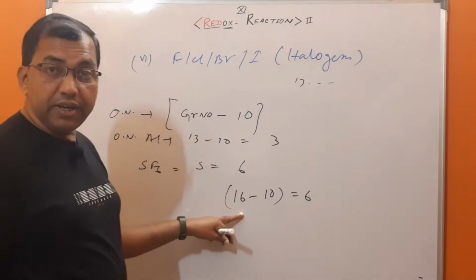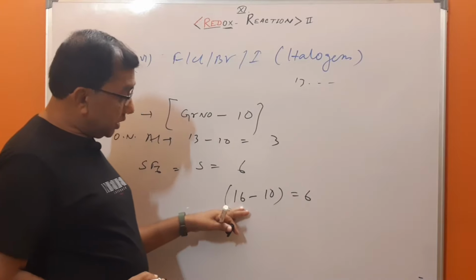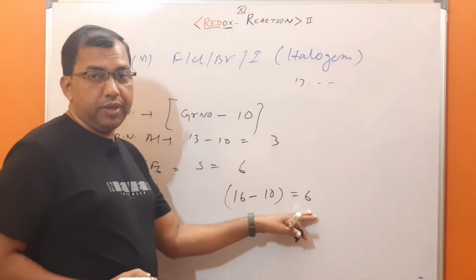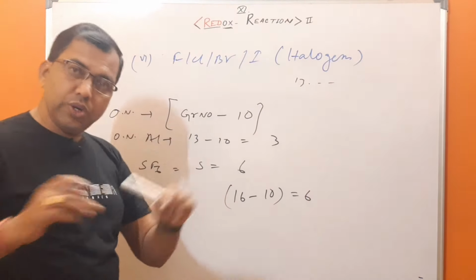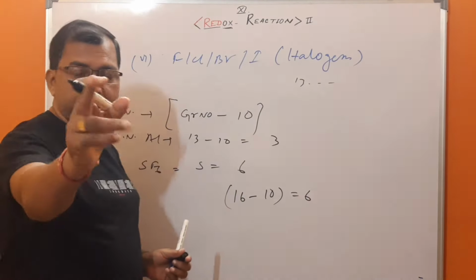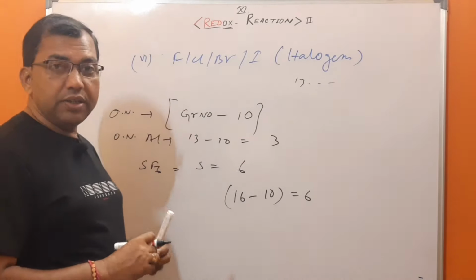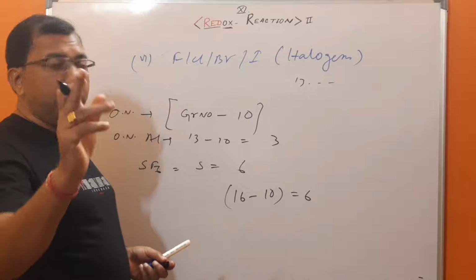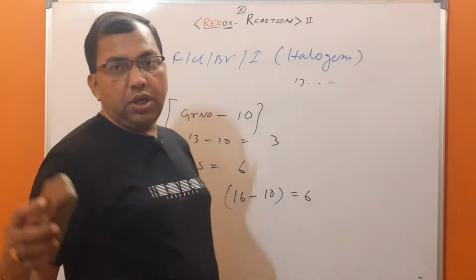Sulfur is in group 16. The highest oxidation number of sulfur is 16 minus 10 equals 6. The highest oxidation number must not exceed the group number; it may be equal or less. Remember it. Highest oxidation number must not exceed the group number. It may be equal or less.